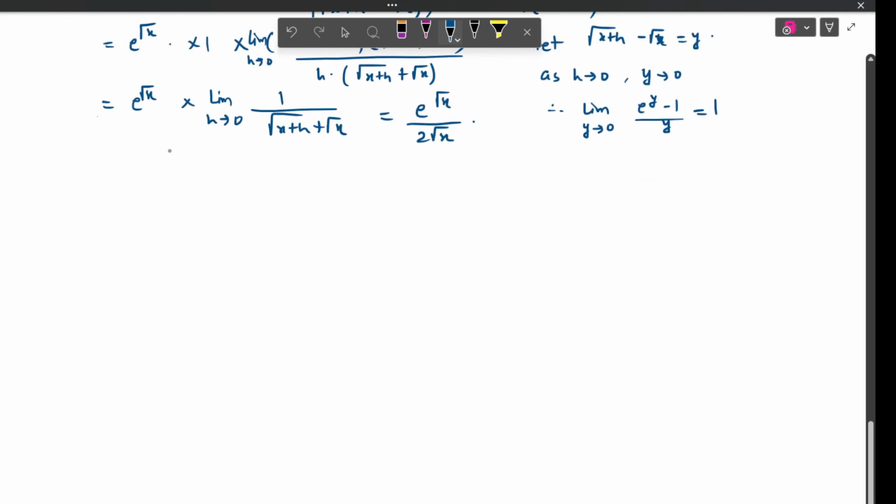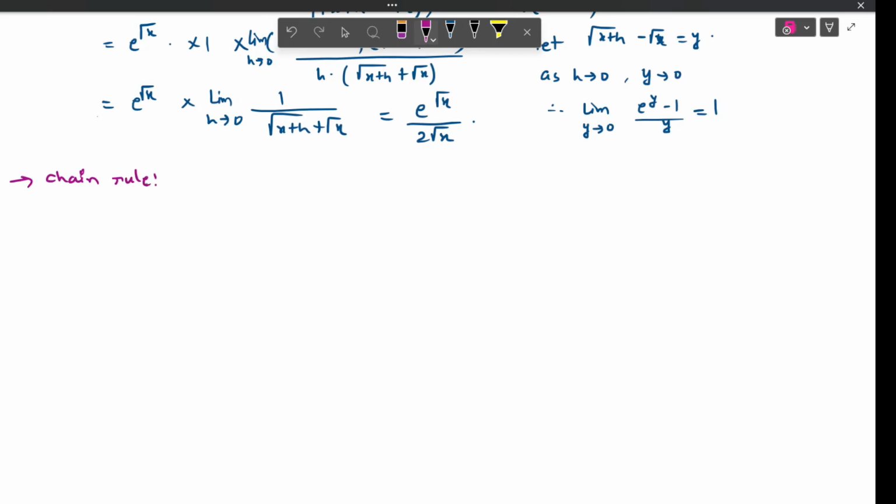This is our chain rule. Now what is chain rule? If we have two functions, then how to solve?